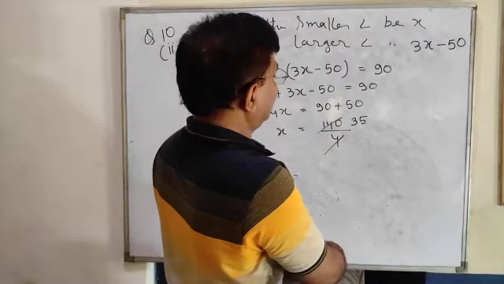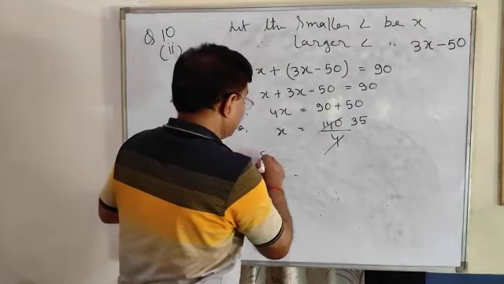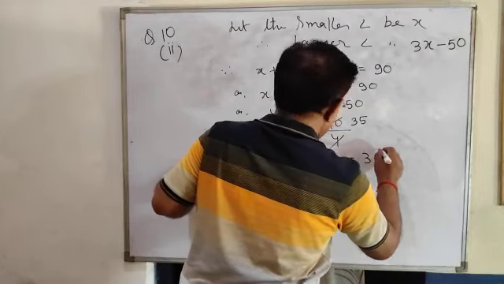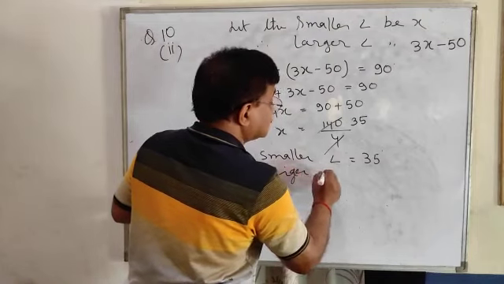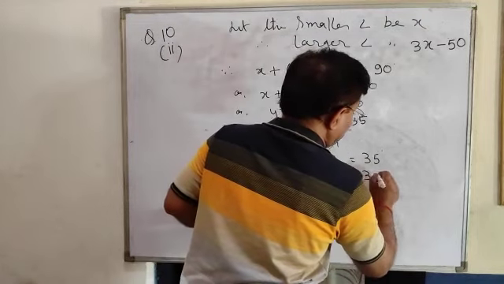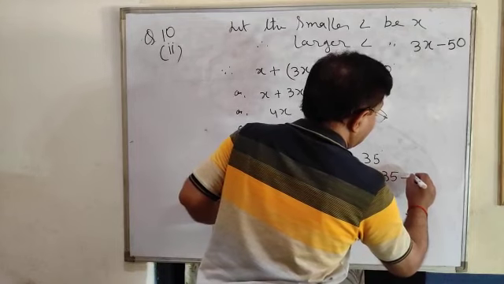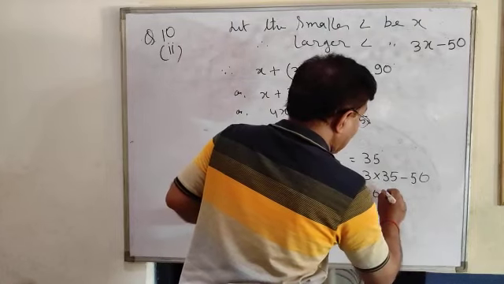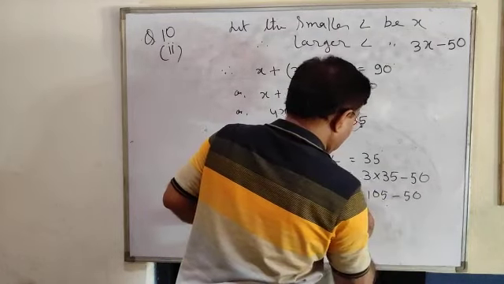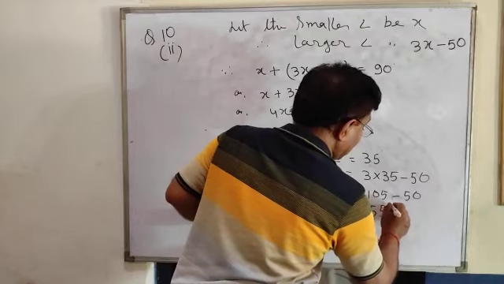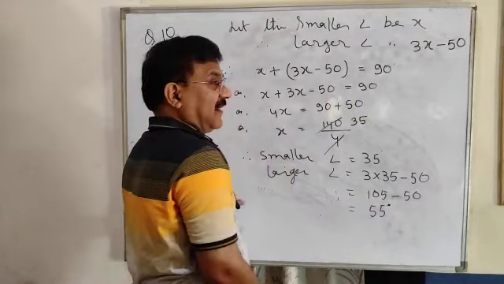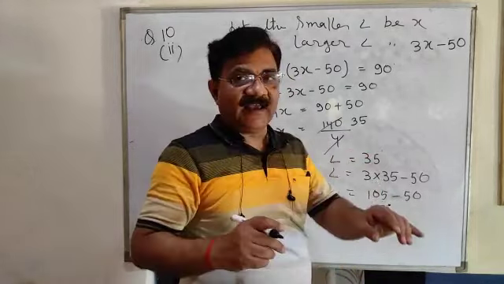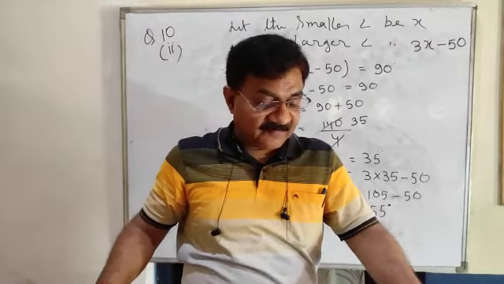So the smaller one is 35, therefore the smaller angle is equal to 35 degrees and the larger angle is equal to 3x minus 50, means 3 into 35 minus 50. So 3 into 35 is 105 and minus 50, 105 minus 50 means 55 degrees, and 55 plus 35 is 90 degrees. So the larger angle will be 55 degrees, the smaller angle will be 35 degrees. So this part is clear.